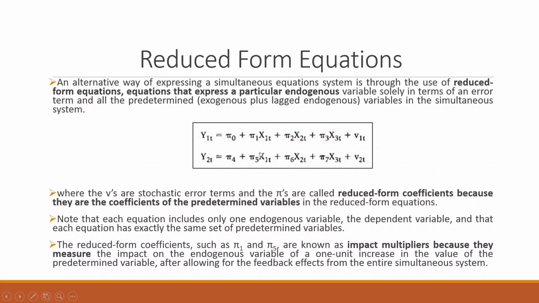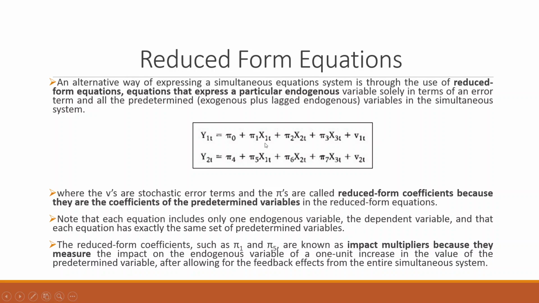And the phi's are called the reduced form coefficients because they are the coefficients of the predetermined values in the reduced form equations. Note that each equation considers only one endogenous variable, and that is in the form of the dependent variable.